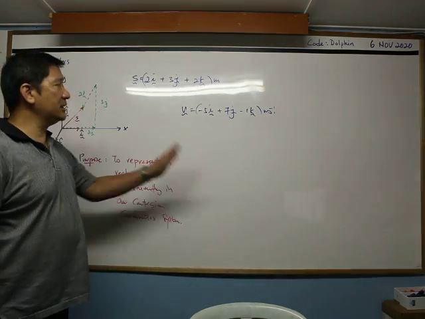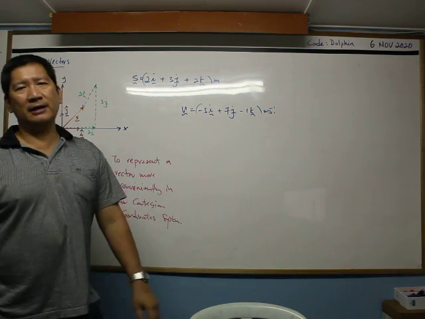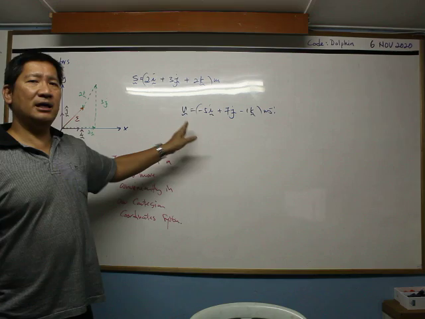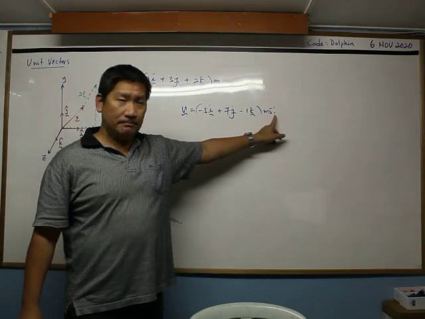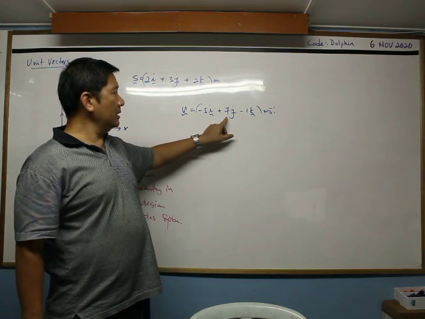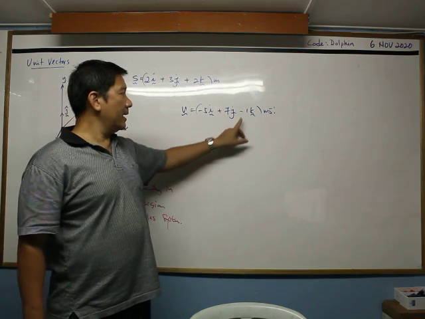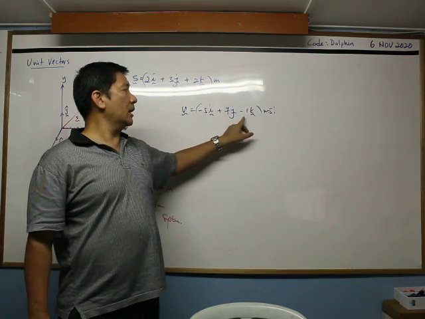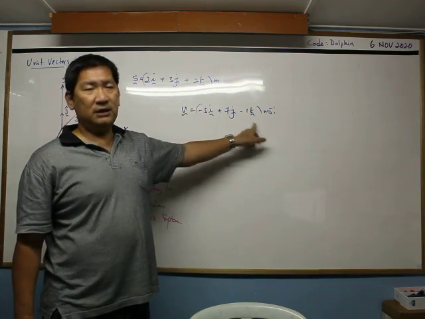Right? So these are just examples of unit vector that we can use. So that means by looking at that, you are telling people that the velocity is minus 5 meter per second in the negative x direction, and then 7 meter per second in the positive y direction, and then negative 1 meter per second in the negative z direction.